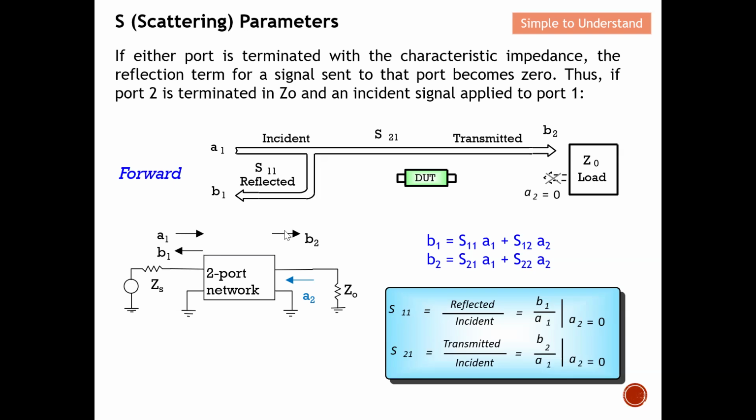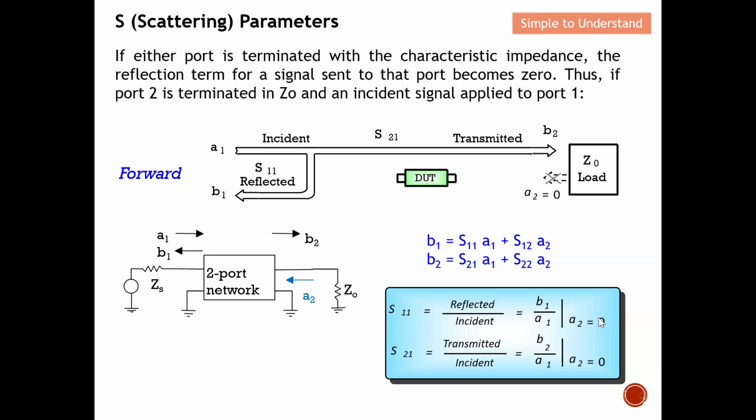To ensure A2 equals 0, I need to have a matching circuit. If both are 50 ohm, then I will not have any A2 anymore because it's a perfect match, 50 ohm to 50 ohm. When I look inside here, it will be 50 ohm, and my characteristic impedance is also 50 ohm. Therefore, I won't have any A2 over here. So basically, I achieve A2 equals 0, as you can see from here.